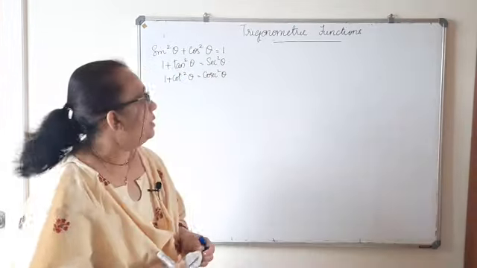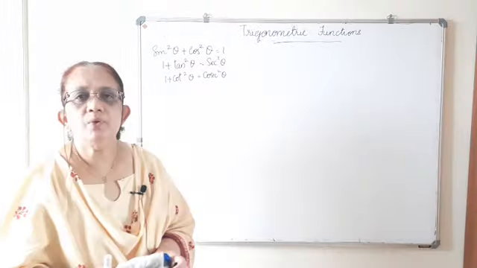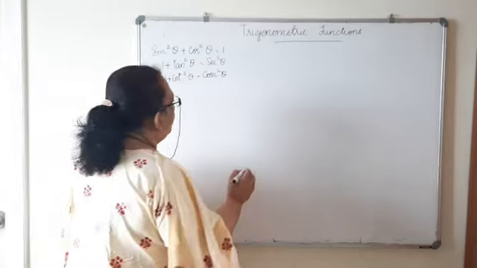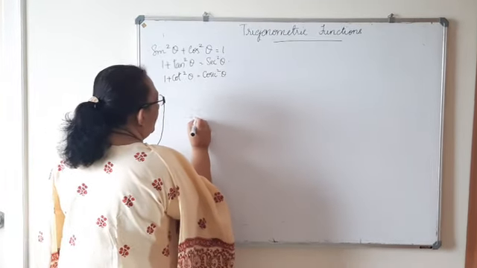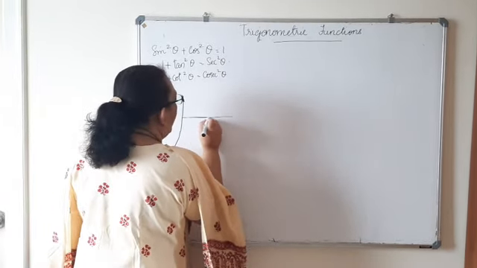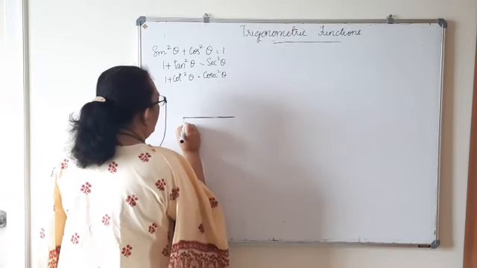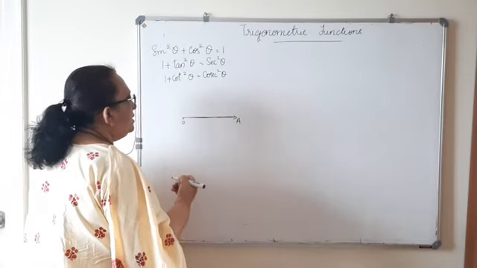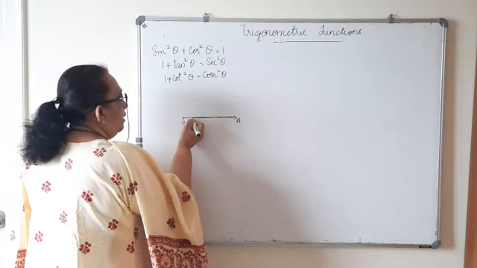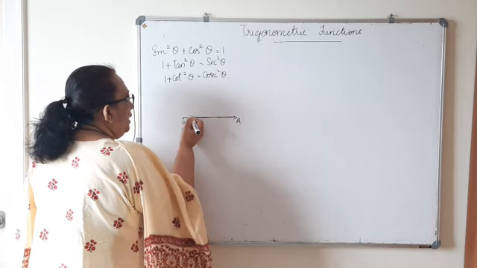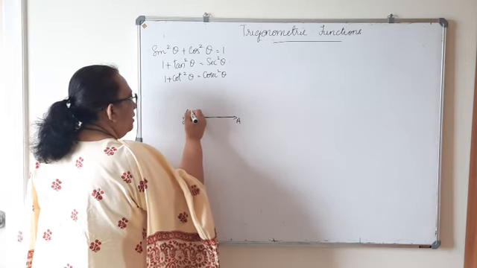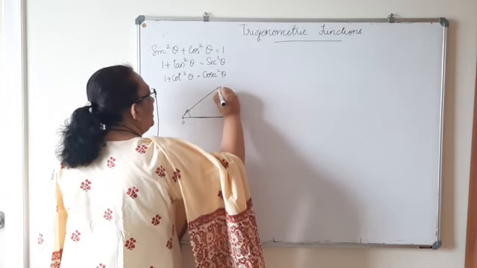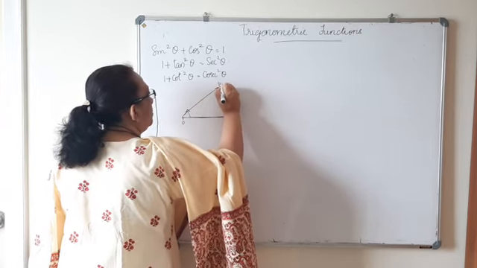Now, coming to the trigonometric functions, we have to define an angle. What is an angle? Consider an initial side, a ray. OA is a ray. This ray is rotated in the anti-clockwise direction, and it comes to a new position, which we call OB.